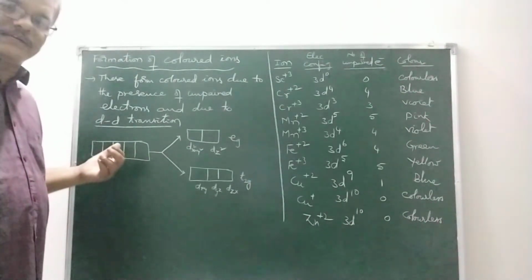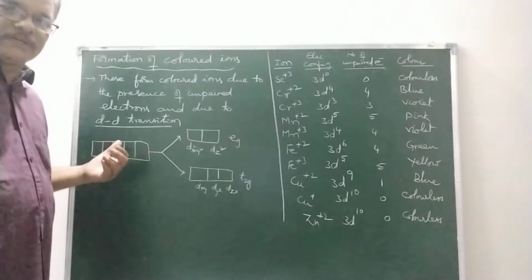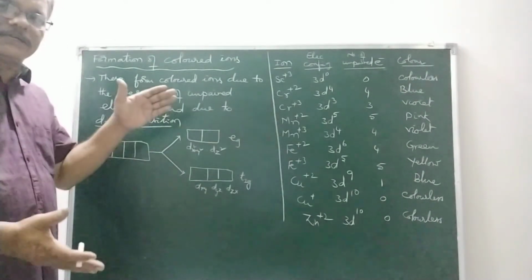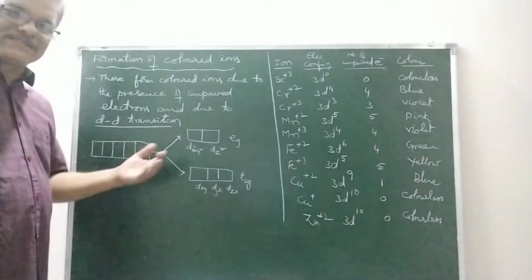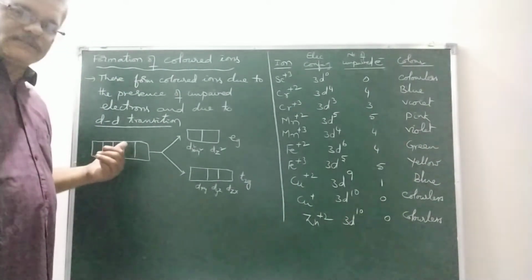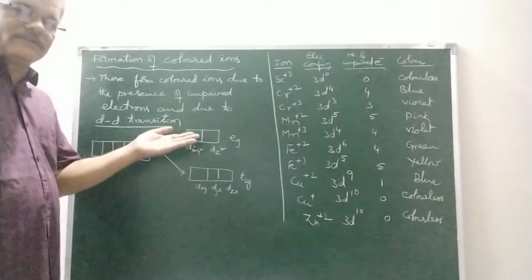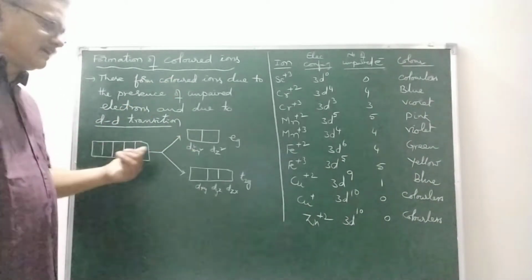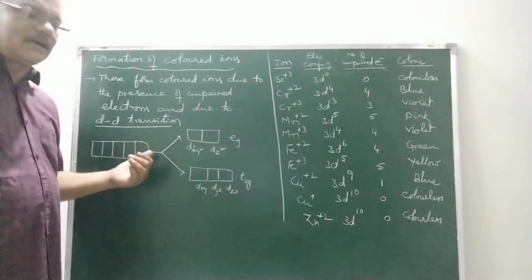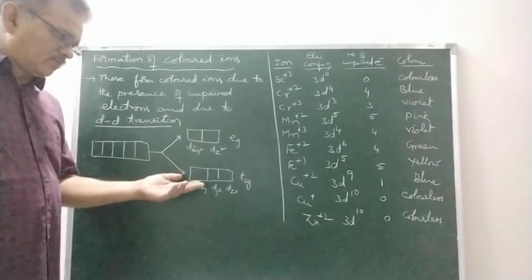That means the property of having the same energy. They lose that property and split into two sets with different energies. One set will have lesser energy than the degenerate orbitals and one set will have more energy than degenerate orbitals. Say for tetrahedral complexes, we will observe like this.